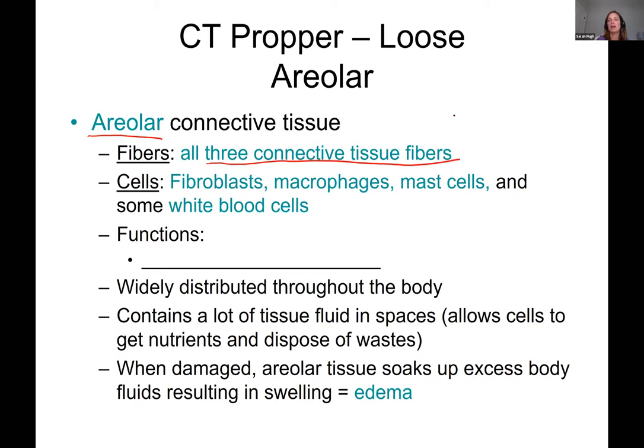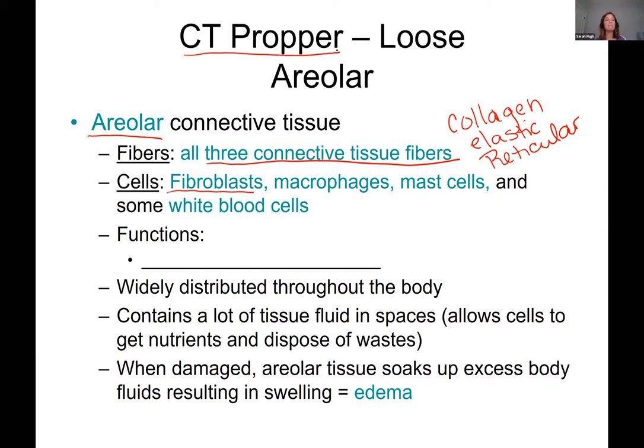So it has collagen, elastic, and reticular. So all 3 fibers are here. The type of cell is a fibroblast, because remember, we're dealing with connective tissue proper. But it also has macrophages, mast cells, white blood cells. So you know that the function of this tissue is immunity.